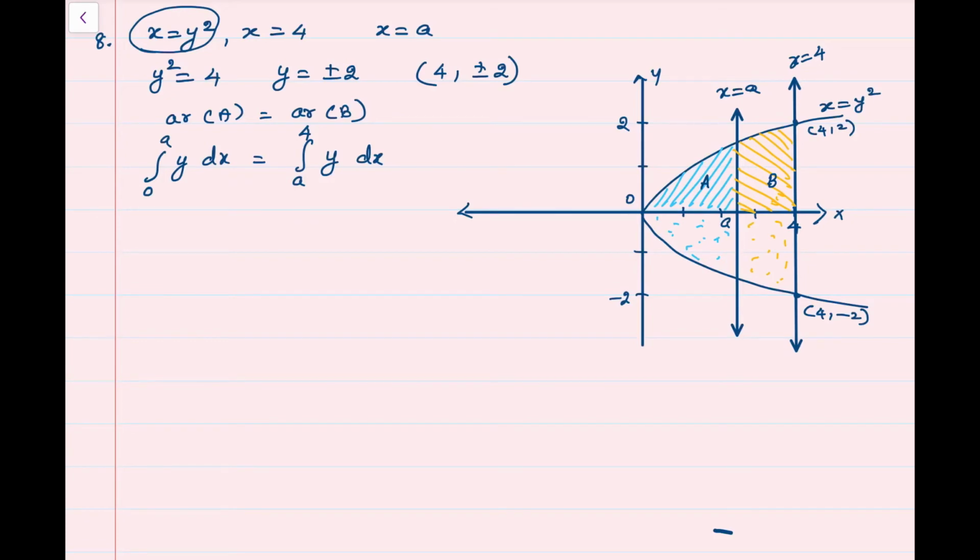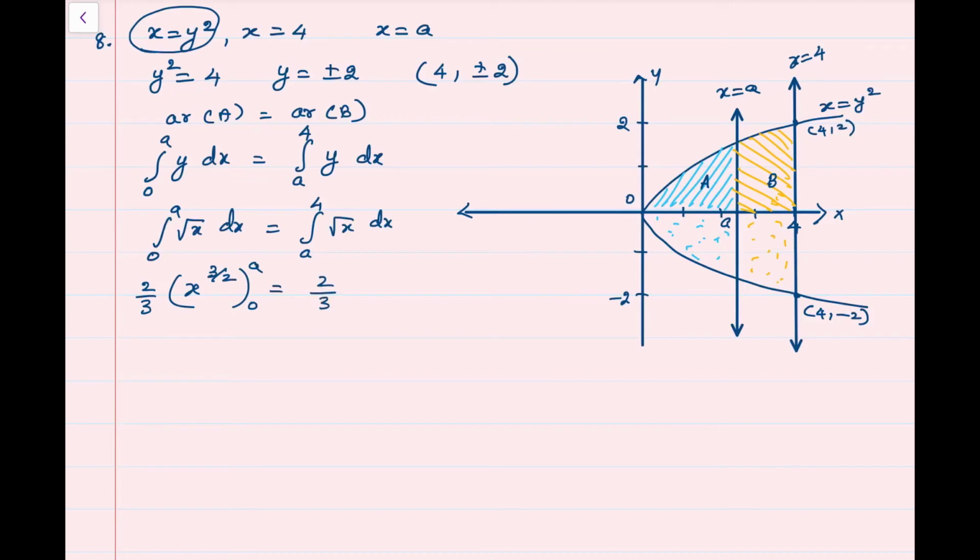Y square is x, therefore y will be square root of x. A to 4 square root of x dx, and x power n plus 1 by n plus 1 formula, x raised to 3 by 2 divided by 3 by 2 can be written as 2 by 3 in the numerator, and the limits are 0 to a.